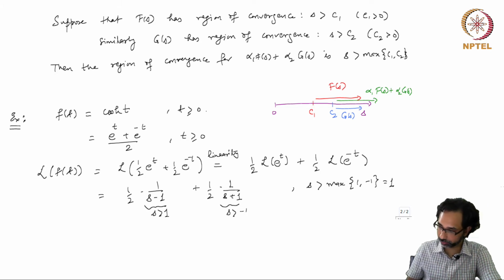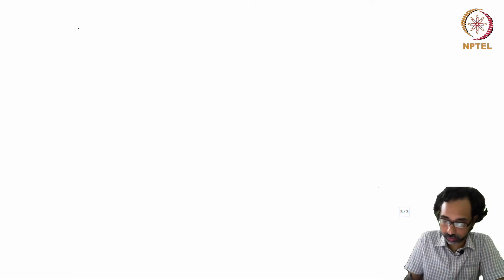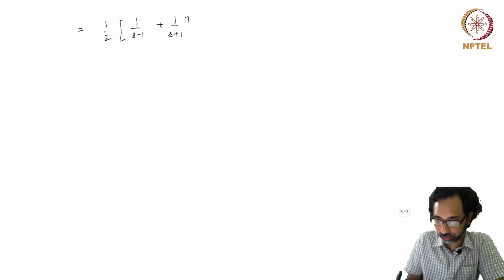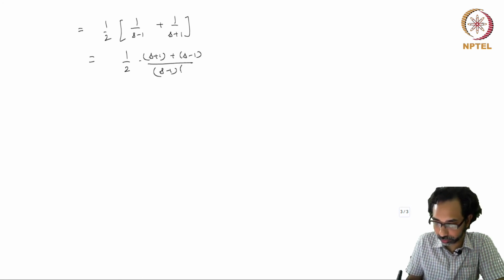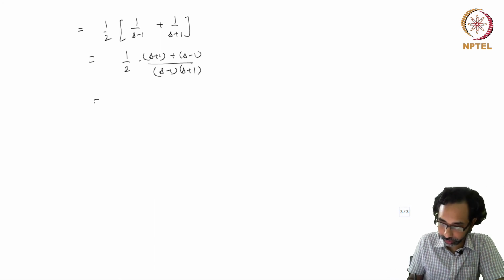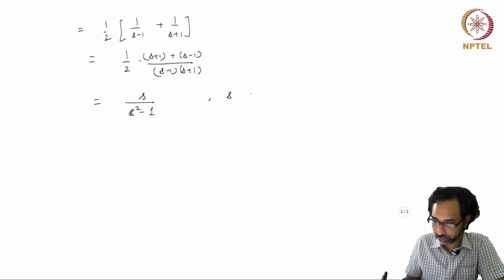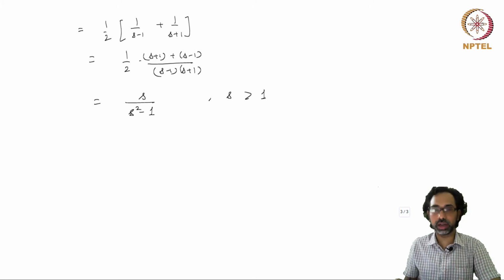So let's try to compute this expression. So we have half (1 over s minus 1 plus 1 over s plus 1), and this is given by half (s plus 1 plus s minus 1) over (s minus 1)(s plus 1), which is s by s squared minus 1, and we have seen that this is valid for s greater than 1.